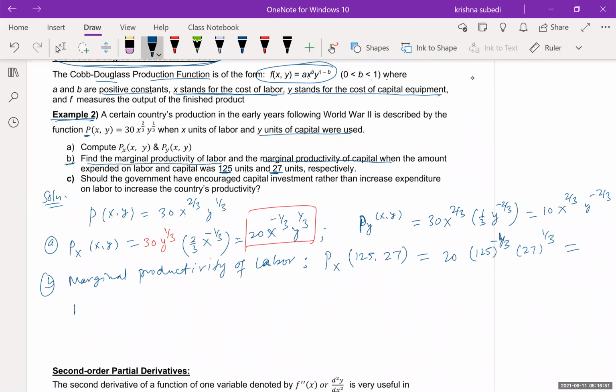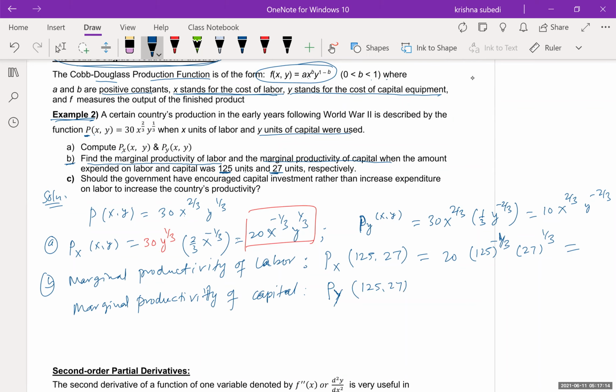In the same manner, we can find marginal productivity of capital, which means we want to find P sub Y, partial with respect to Y, at 125, 27.